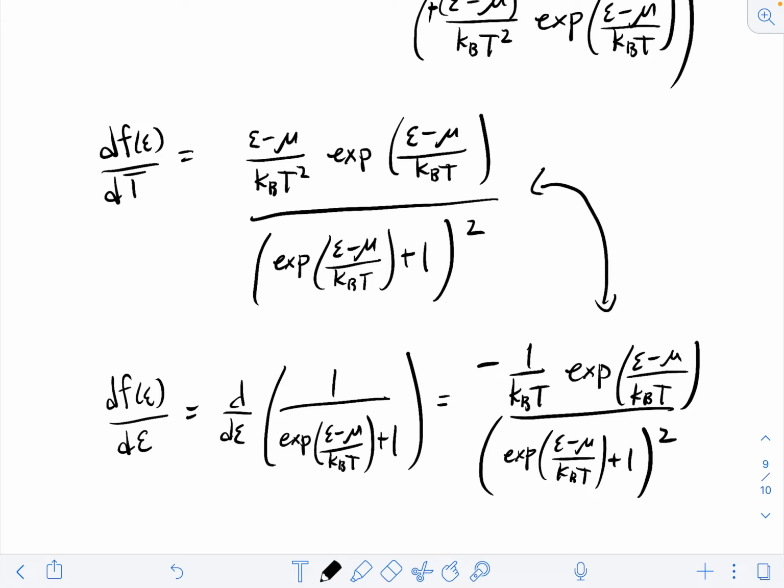And so if we compare these two results, some of the results are pretty similar.